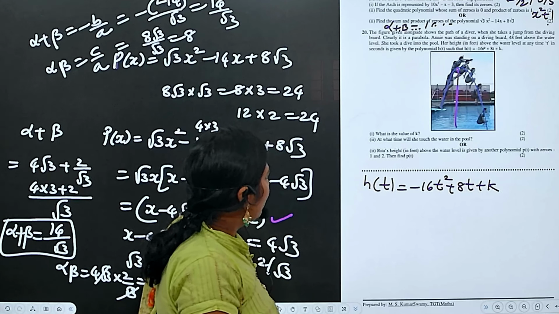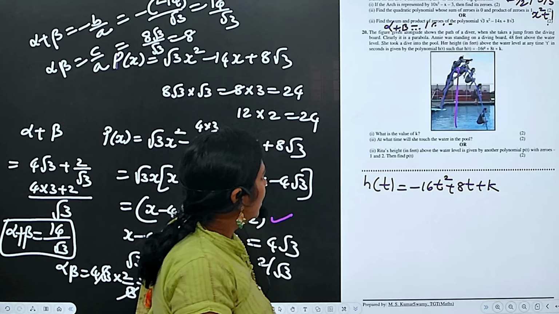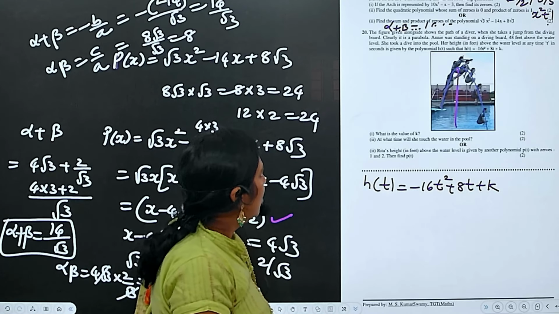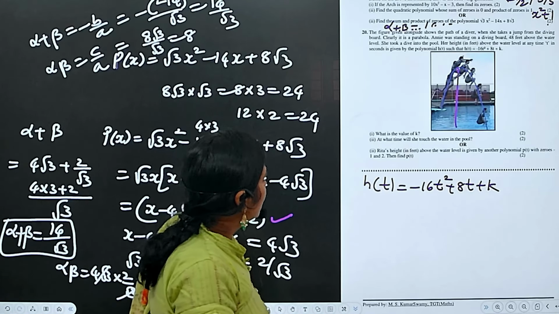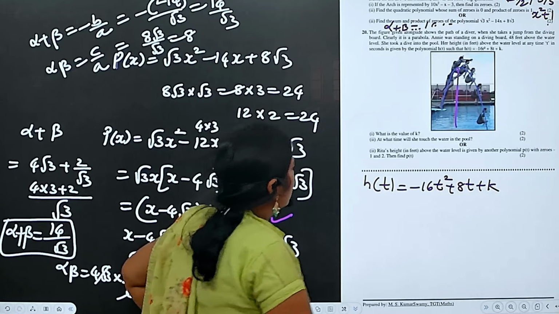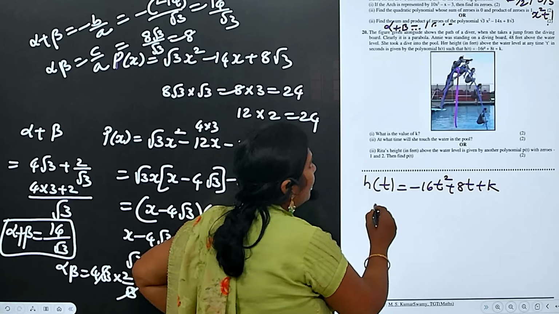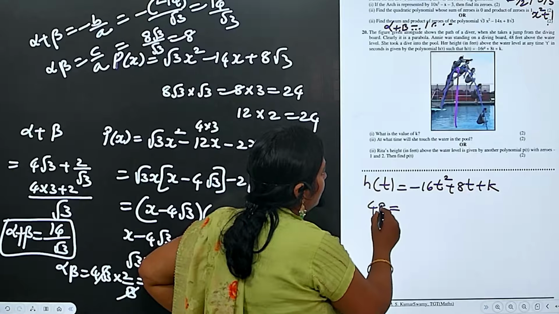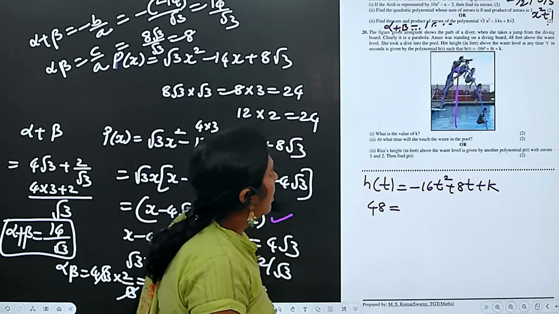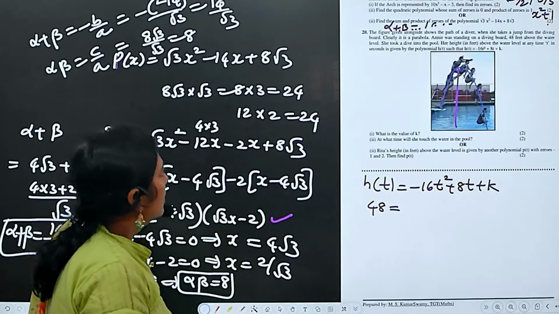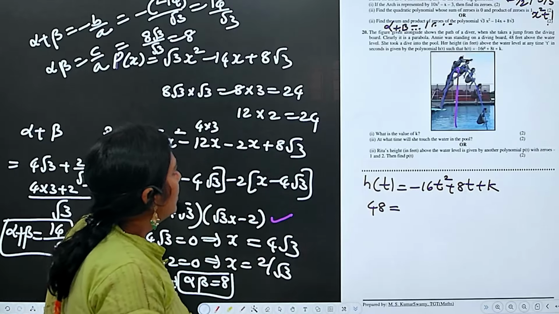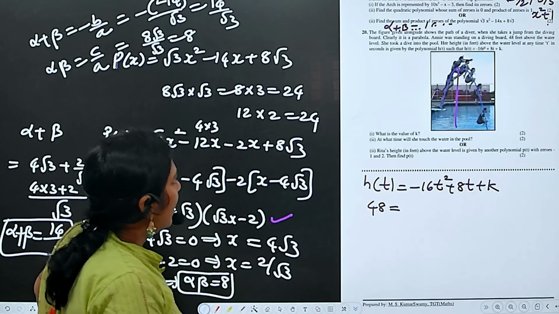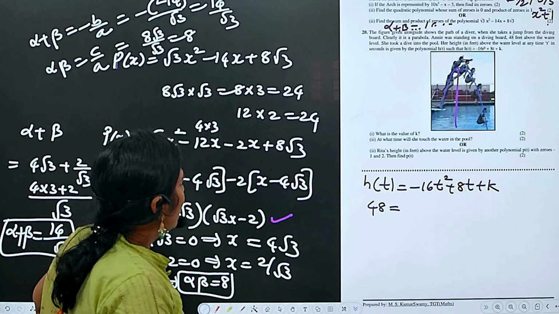At what time will she touch the water in the pool? అంటే T అనేది how much? First K is how much? Standing on a diving board. Yes, T equal to 0, 48 feet above the water level.